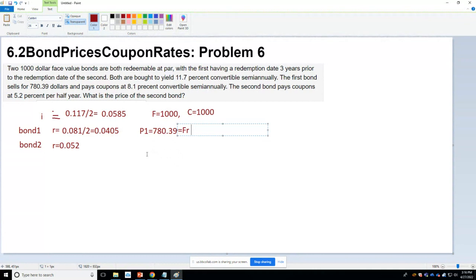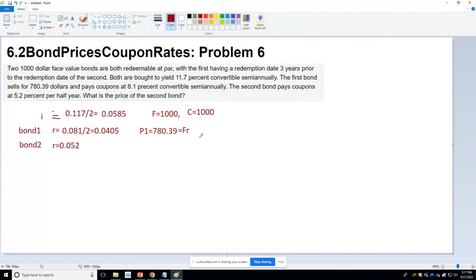Both are bought to yield 11.7%. No wonder you guys asked for this question. All right. Since we don't know it, we're assuming it's n. So the present value of this is the coupon payments. We assume we have n payments with interest rate i. i is the one we already identified over here.